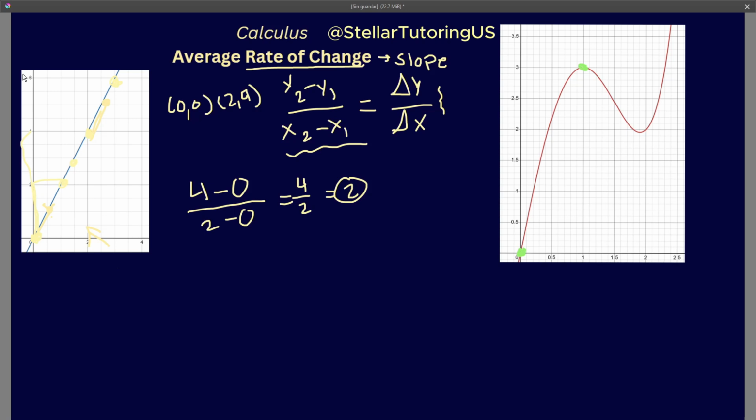So let's just act as if we're doing our average rate of change or slope formula. So our 2 points are 0, 0 once more, and then 1, 3. So let's calculate. 3 minus 0 over 1 minus 0 equals 3.